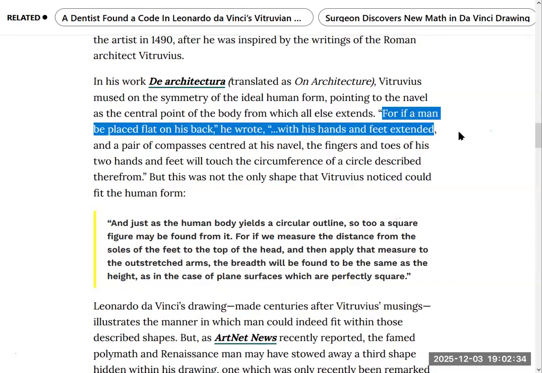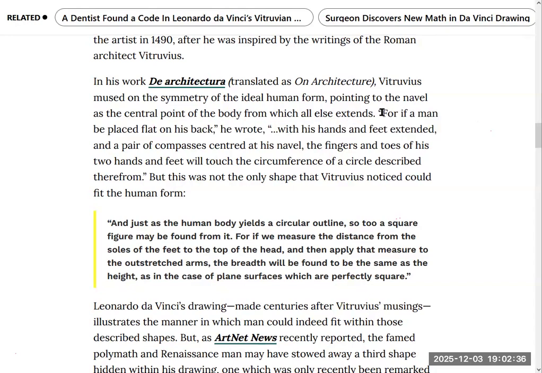Also, we don't know what came before this sentence. This is a quote from somewhere in the middle, so it might be an explanation of something that went just before it.